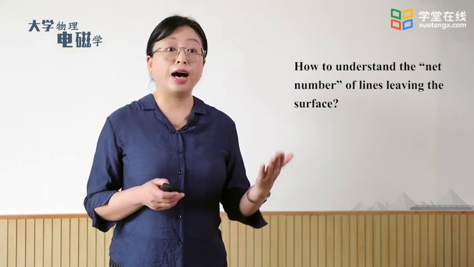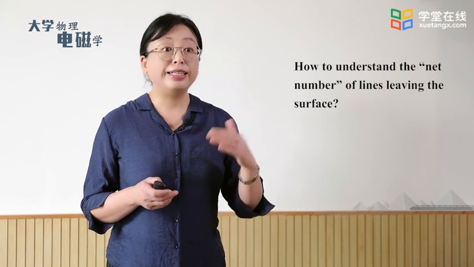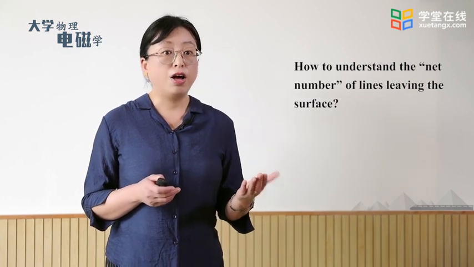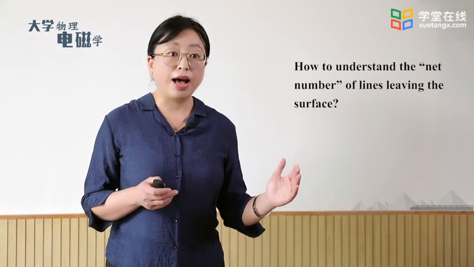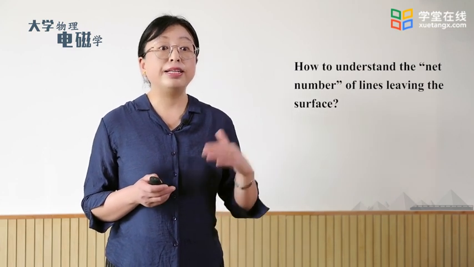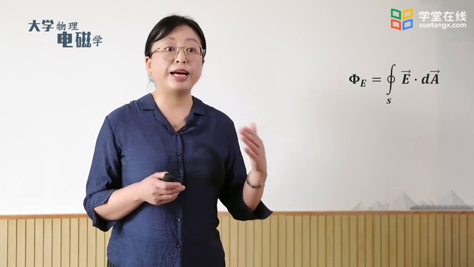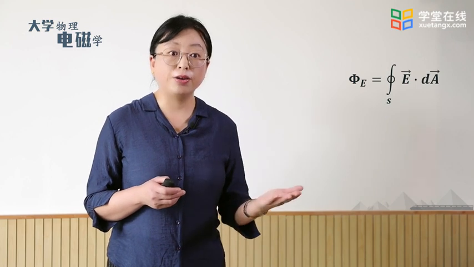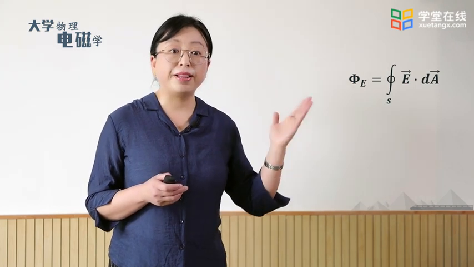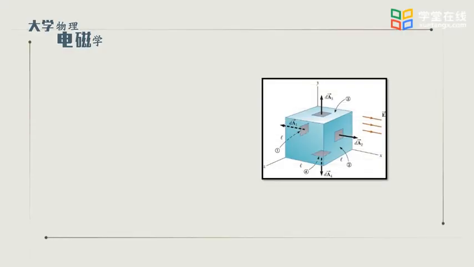If more lines are leaving than entering, the net flux is positive. On the other hand, if more lines are entering than leaving, the net flux is negative. The net flux can be calculated by the integral of the electric field over the entire closed surface as expressed by this equation. Now, let me give you an example here.